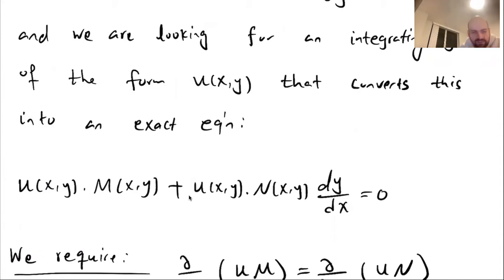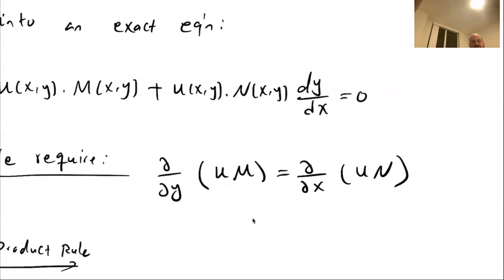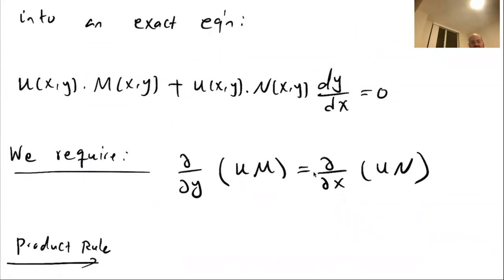When can I say that after multiplying with u it becomes exact? Well, I multiplied both sides by u, I got this. If it's exact now, then that means the partial derivative of this function, which is my new M, with respect to y must be the same as the partial derivative of this function, which is my new N, with respect to x. So that's why we require this in order for this equation to become exact.